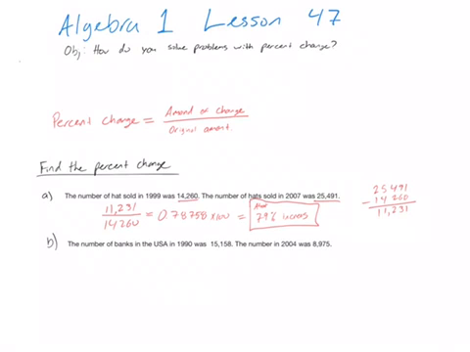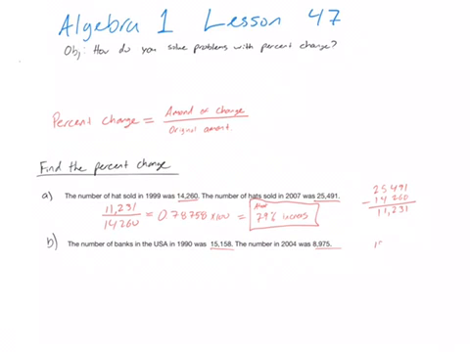Alright, part B, it says the number of banks in 1990 was 15,158. The number of banks in 2004 was 8,975. So notice it went from 15,000 down to 8,000. So we know that it decreased. So this is going to be a percent decrease. So again, I'm going to just find how much it changed.